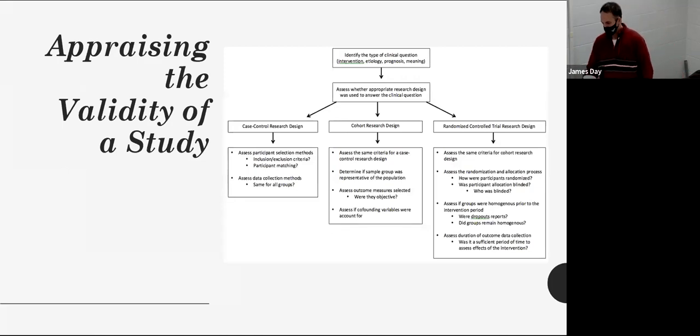Okay. So how we can go about appraising the validity of a study, it's going to depend on the design. And these are the sorts of questions we will work through on Wednesday.